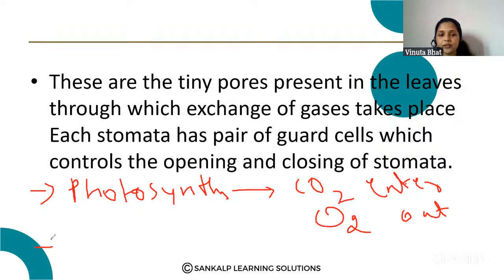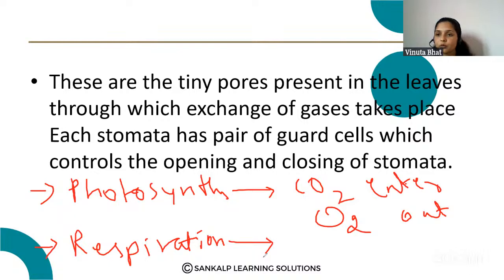During respiration in plants, oxygen enters through the stomata and carbon dioxide is removed through the stomata. So like this, the exchange of gases takes place with the help of the stomata. Okay, so these things you have to explain. I hope you got the answer.